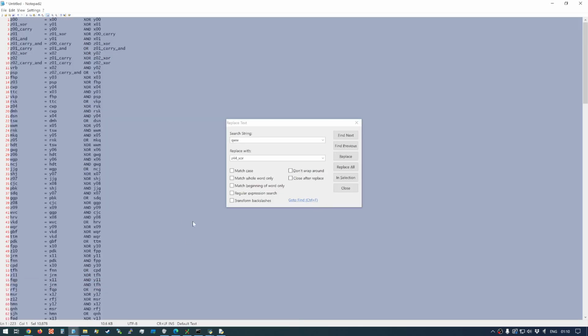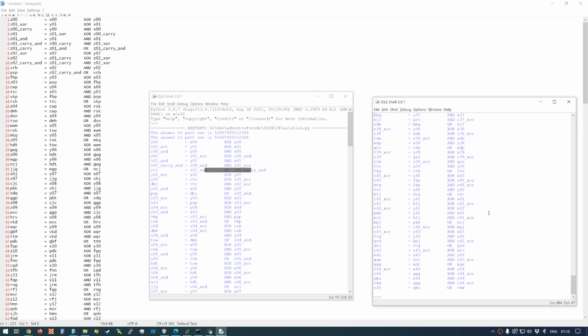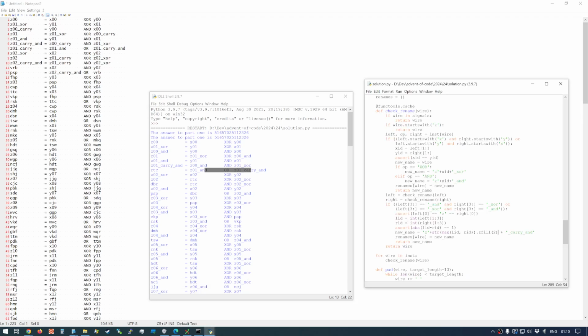Or maybe this one. Is that the carry? Yeah, because as soon as one of the ands is there, it is a carry. Okay. Great. I don't need you anymore. I do need you.